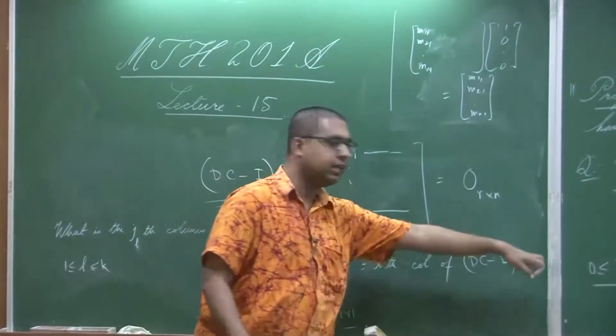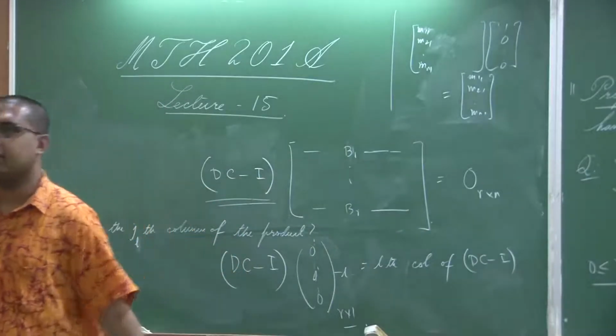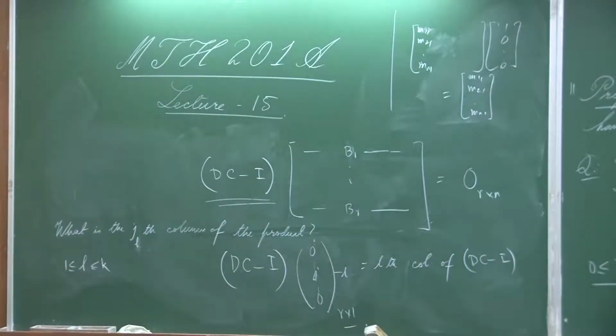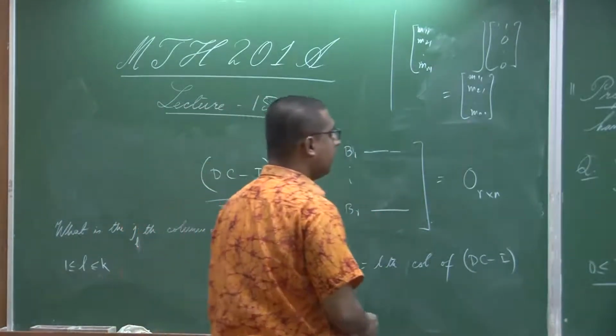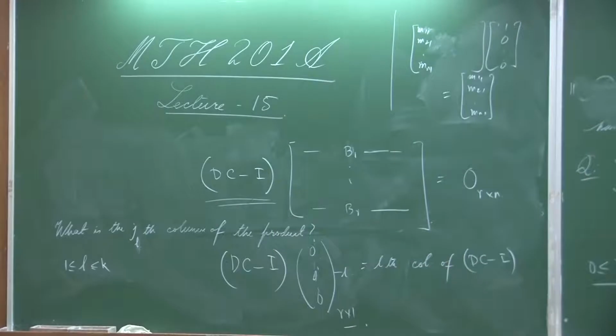So, thus we see any Lth column is 0, therefore, the matrix has to be 0. So, DC minus identity is 0. As a consequence, we get DC minus identity is 0.